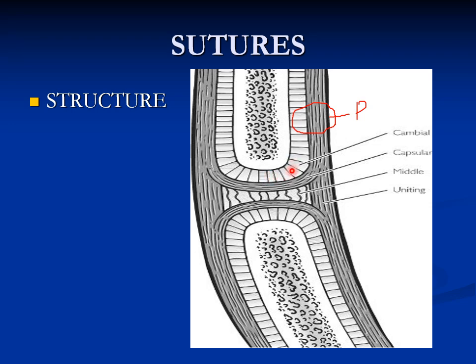So these edges of the skull bone which form that sutural joint also have the intervening wrap of this osteogenic as well as outer fibrous layer of the periosteum. So both layers of the periosteum are also covering along the edges of the bone which are participating in the suture formation.